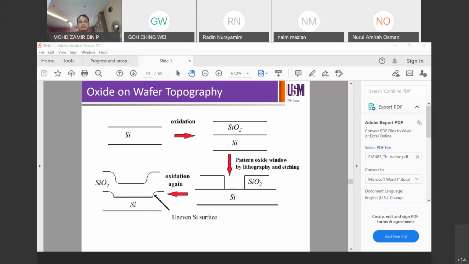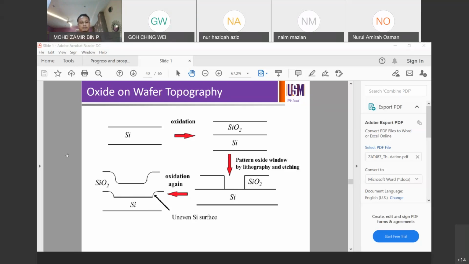Let's reflect on the Deal-Grove model. Okay, Hazik, are you saying it's pure? Pure is going to be experiencing higher growth rate, right? Why do you think so? Okay, can you unmute yourself?